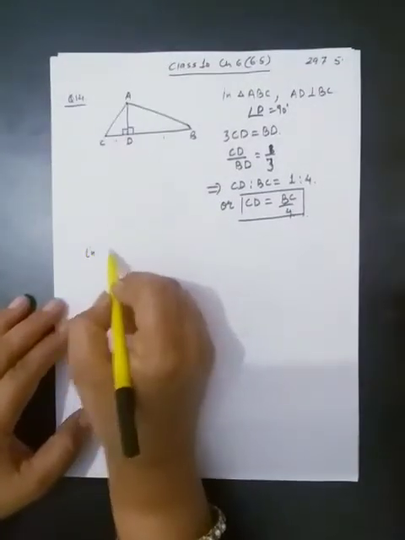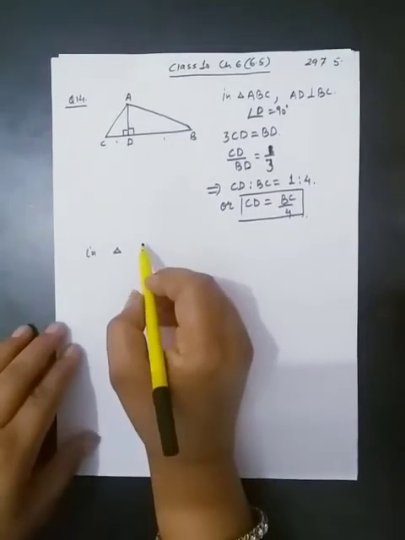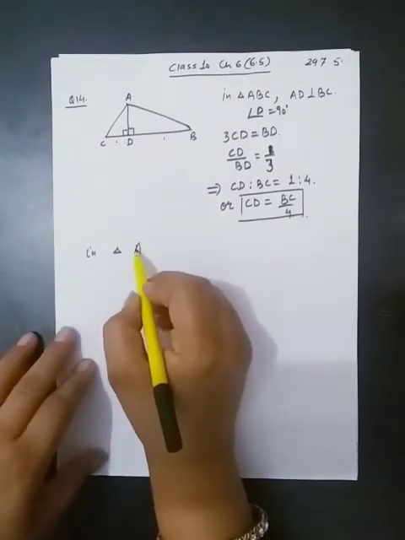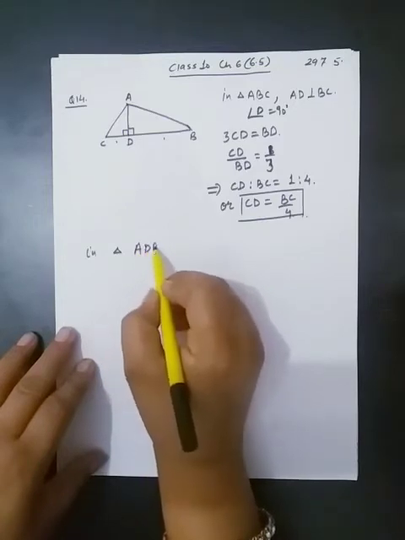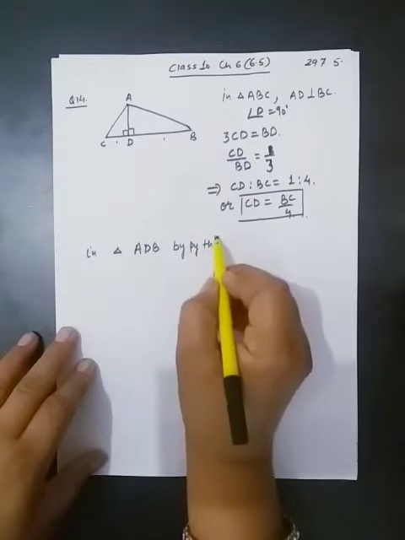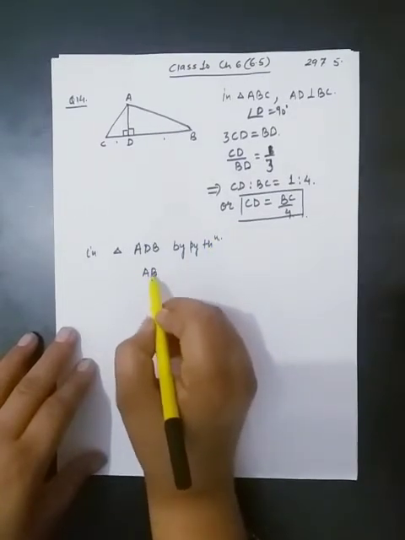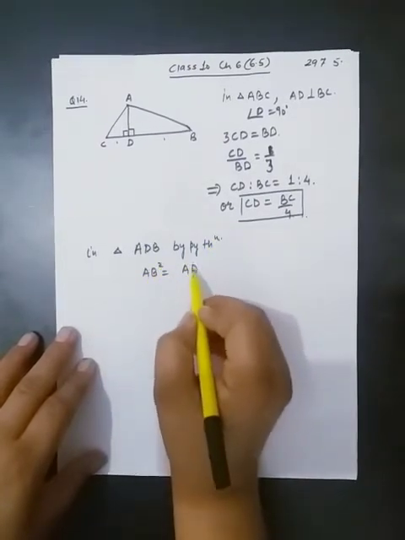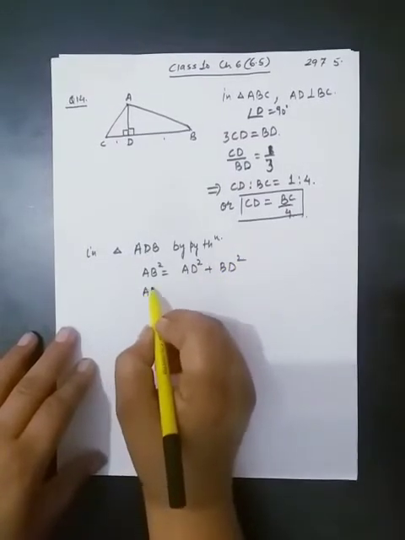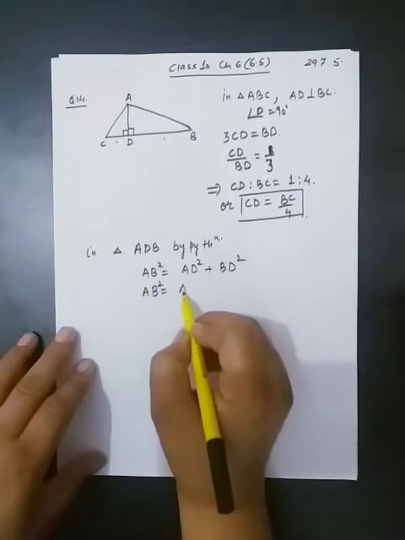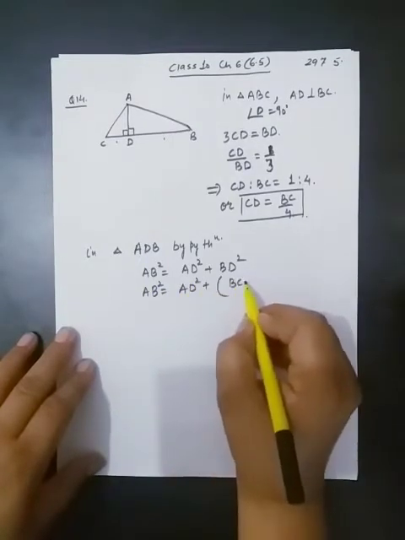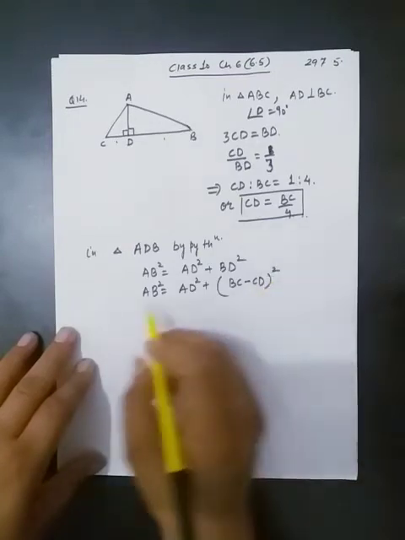Next, in triangle ADB, by Pythagoras theorem, we can write AB square is equal to AD square plus BD square. Now from the figure, we can write BD as BC minus CD whole square.